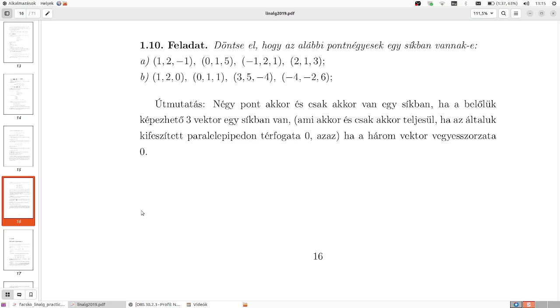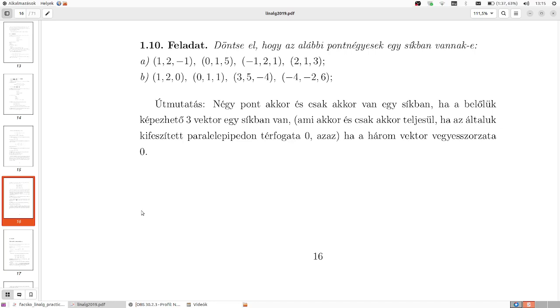So this is A, then AB is this one minus this one, AC is this one minus this one, AD is this one minus this one. Is that okay? Yes. Okay, so you do this, it's simple, and then you have three vectors, and then you calculate the determinant.